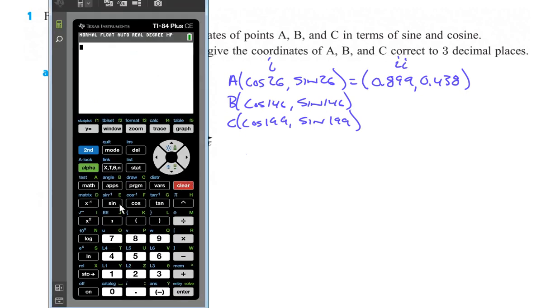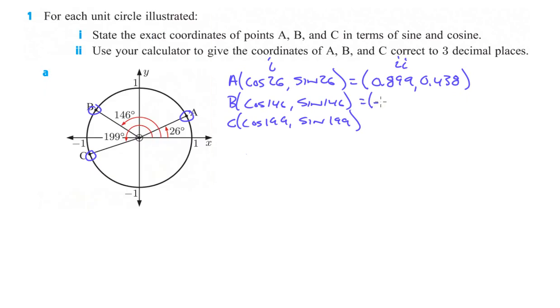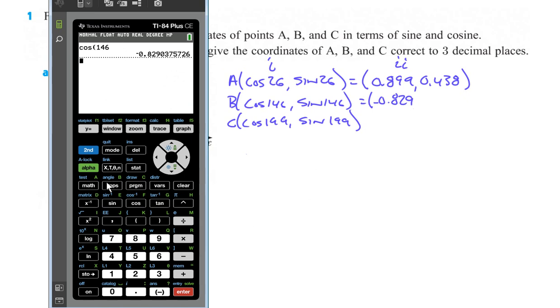So we do cosine 146, and that is negative 0.829. And then the sine of 146 gives us 0.559.